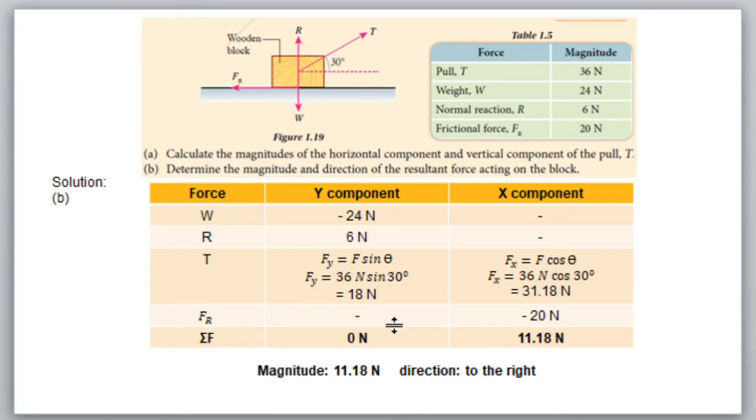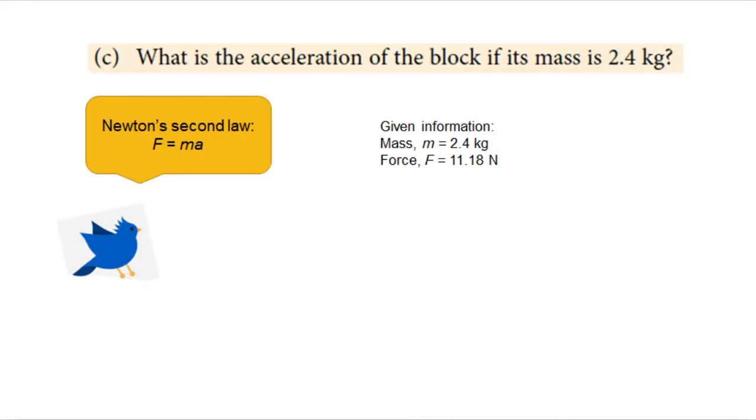For the last question, what is the acceleration of the block if its mass is 2.4 kg? Now we need to apply Newton's second law, which is F equals ma. Now the given information is the mass equals 2.4 kg and the force is 11.18 Newton, right?